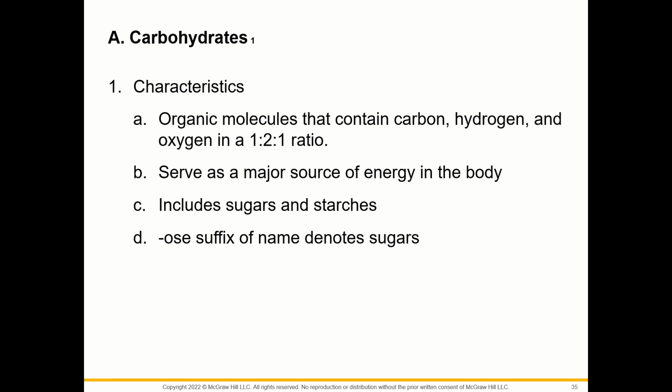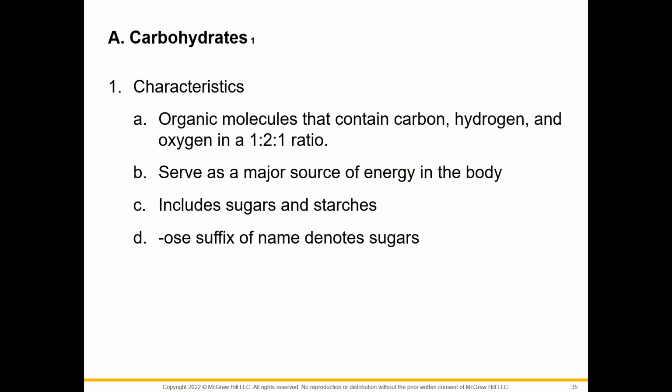For carbohydrates, the characteristics include the fact that they are organic molecules that contain carbon, hydrogen, and oxygen in a 1-to-1 ratio. So you may have heard C6H12O6 for glucose. So 6 carbons, 6 times 2 would be 12 hydrogens, and then 6 oxygens.